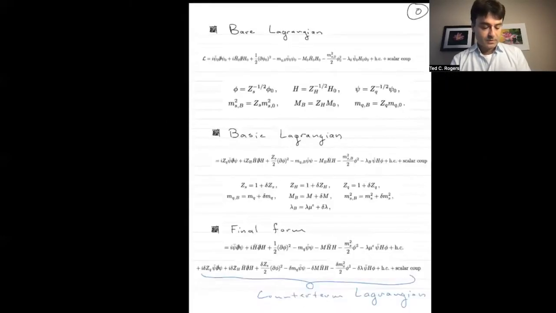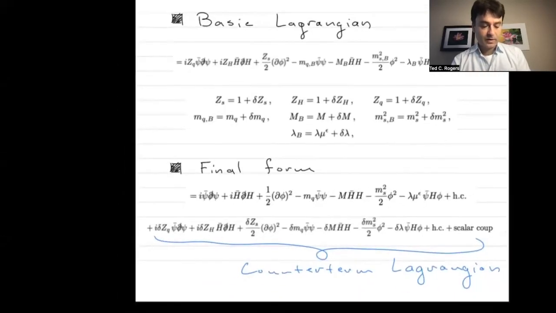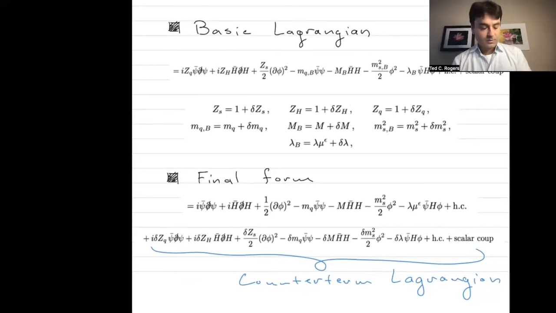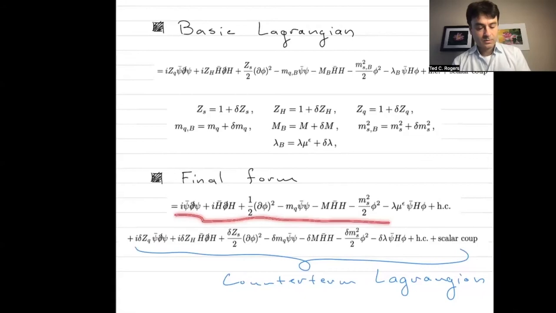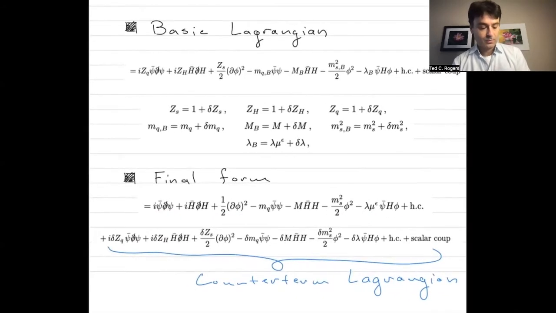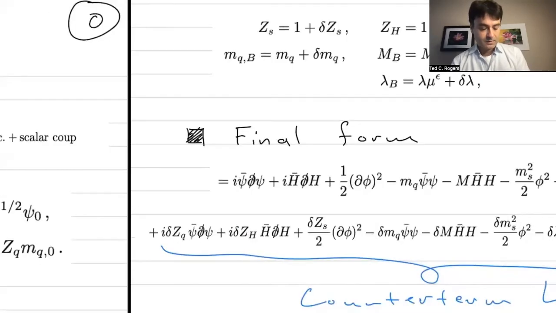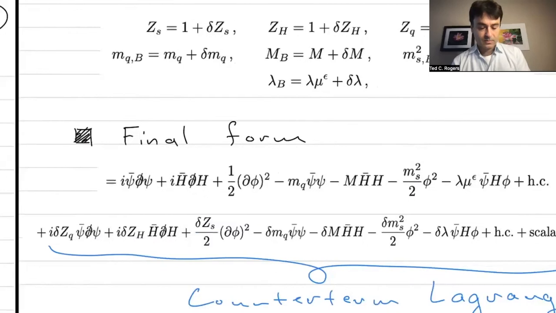Okay, so let's do that substitution, and we get to the final form of this Lagrangian that we're going to work with. There's the part that we start out with when we're writing down Feynman diagrams. And then there's the part that has counter terms that we have to add.